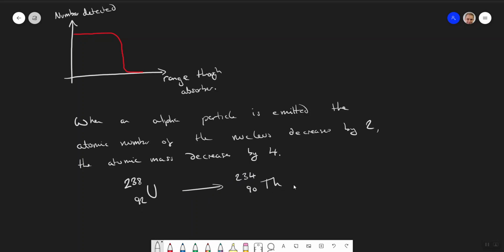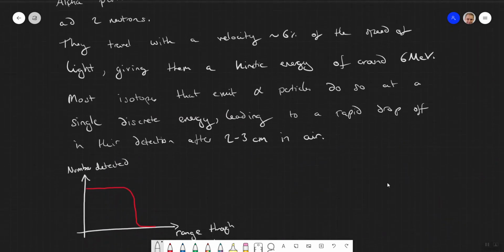That's an isotope of thorium plus a helium-4 alpha particle. So that is a reminder of how to draw those. Whenever we emit alpha particles, we are losing mass, so we're losing energy from the nucleus. That's what we need to worry about with alpha particles.